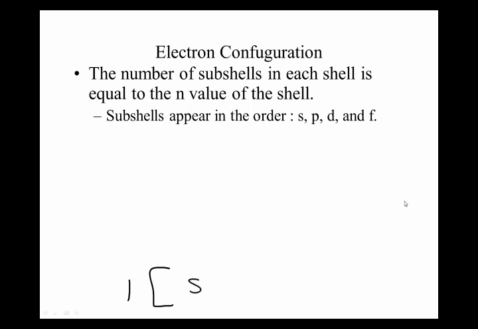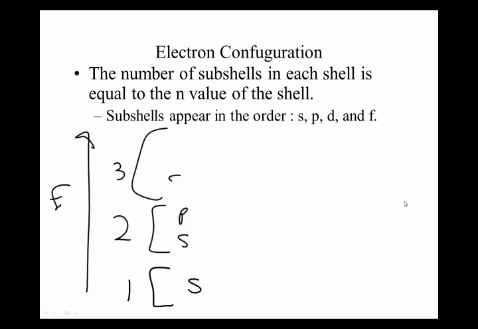And then shell 2, and this is increasing in energy. Subshell s, subshell p. 3, s, p, d, and so on. So you see shell 2 is higher in energy than shell 1, shell 3 is higher than shell 2, and within the shells there's an increase in energy of s, p, d, right?